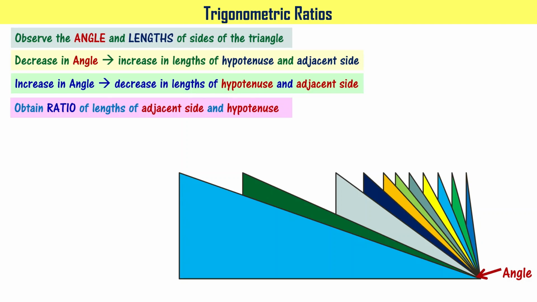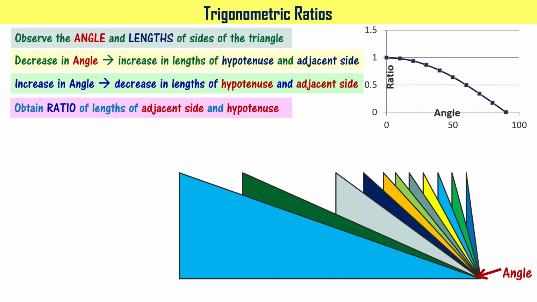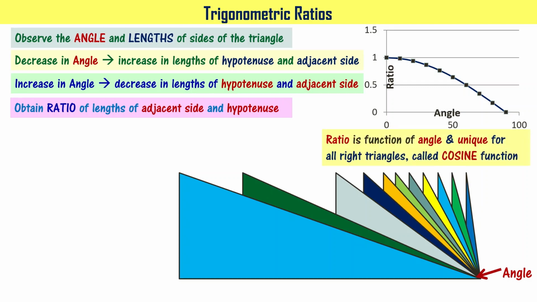So let's obtain the ratio of lengths of adjacent side and hypotenuse. That looks like this, as shown in the figure. As the angle increases from 0 to 90 degrees, the ratio is decreasing from 1 to 0. Please take a note of this. The ratio is a function of angle only here and unique for all right triangles, and this particular ratio is called the cosine function.